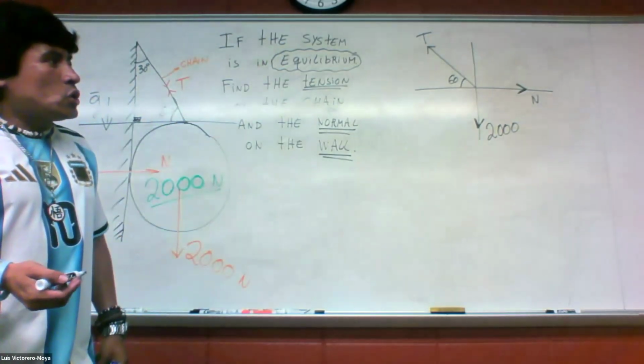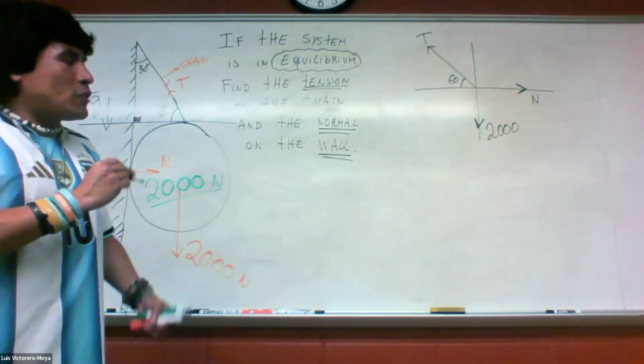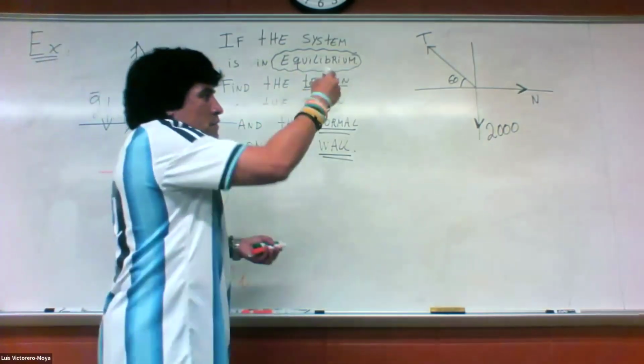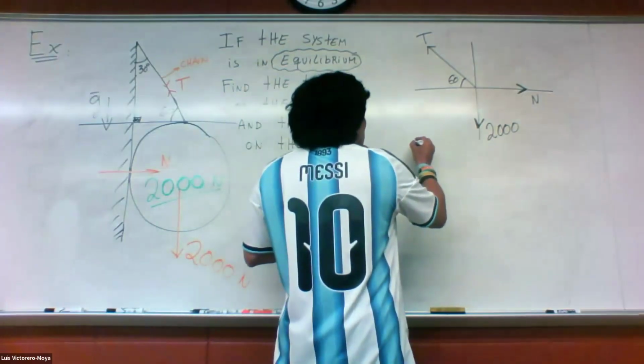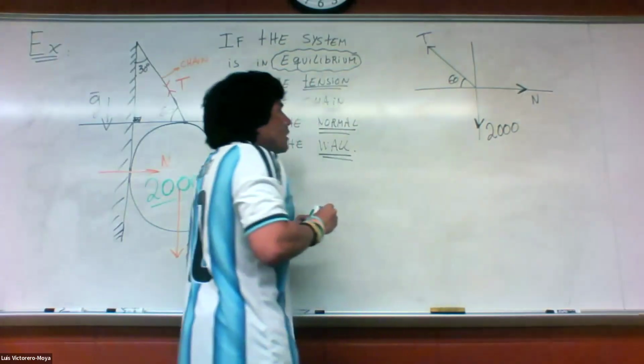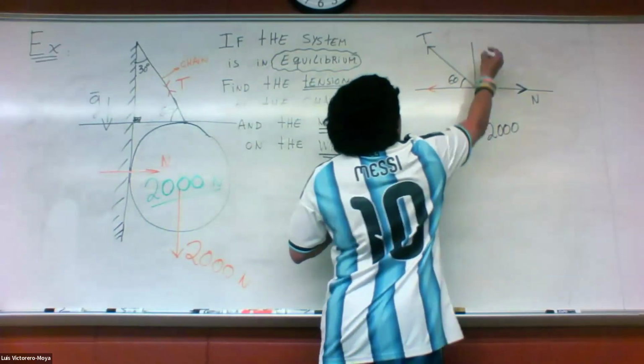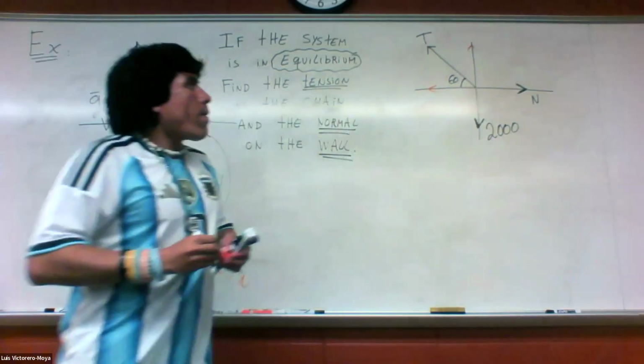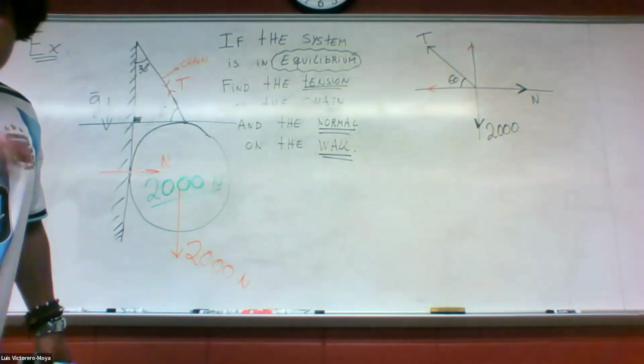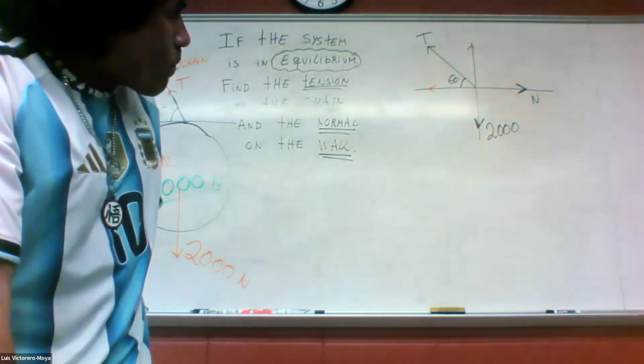So, all right. You guys tell me, what do I do now? So now that's the fifth. We have to break into components. So how do you find this and this? T cosine 60.